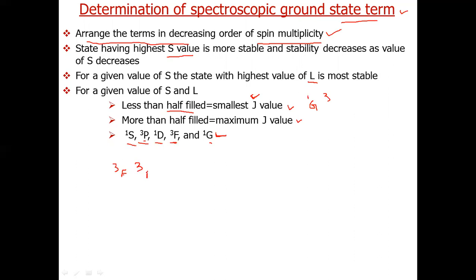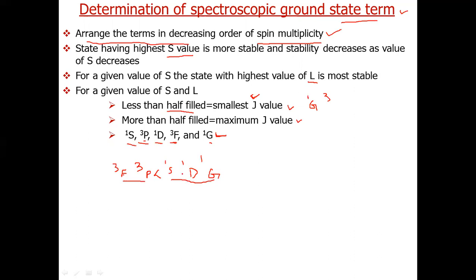Now we don't know about F and P, so we will keep them as they are. Now 3P is less in energy than 1S, 1D and 1G.